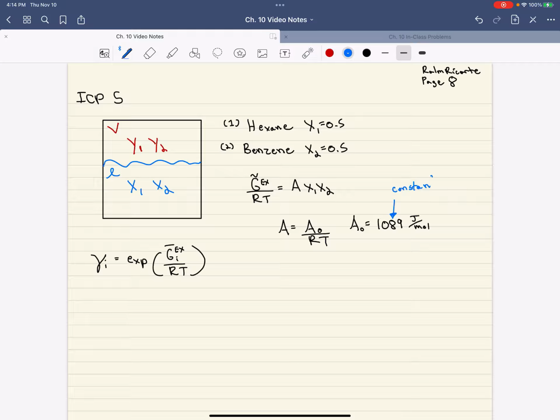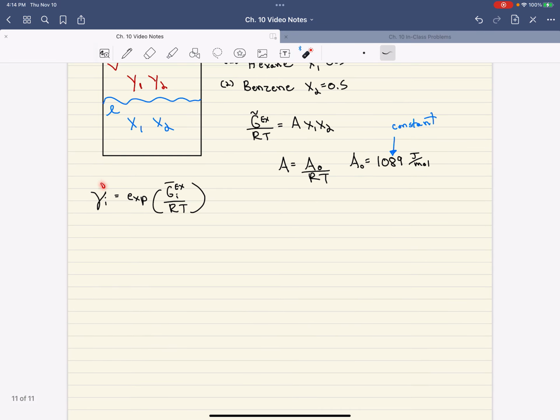All right, and so the way we're going to incorporate the non-idealities into our Raoult's law, or our VLE equilibrium calculations, is going to be through the activity coefficient. By definition, the activity coefficient is equal to the exponential of the excess partial molar Gibbs energy.